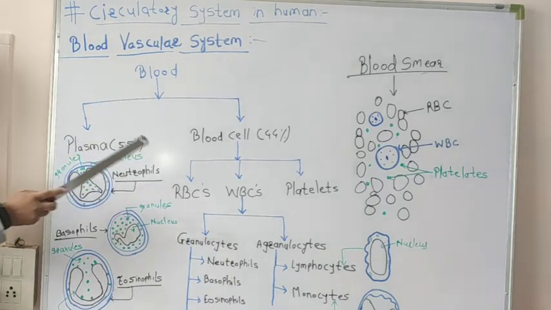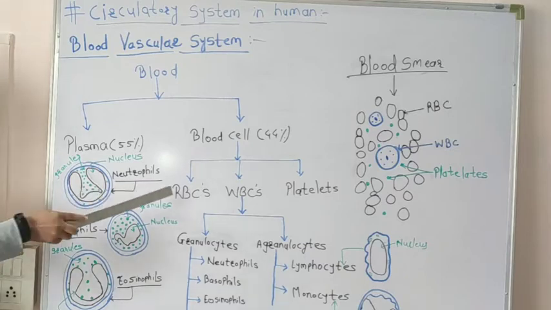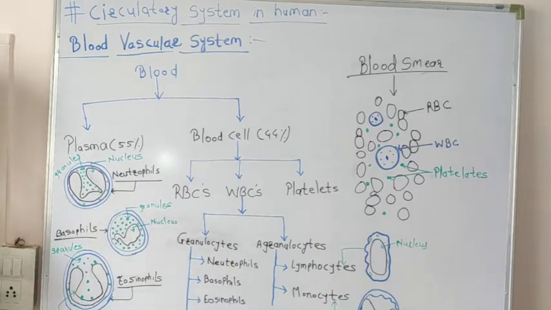When the RBC count increases, it is called polycythemia, and when the RBC count decreases, it is called erythrocytopenia. And the RBC also contains the enzyme carbonic anhydrase. We have seen carbonic anhydrase, an enzyme, in a previous lecture.